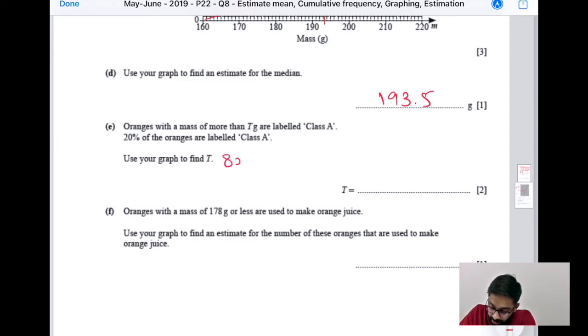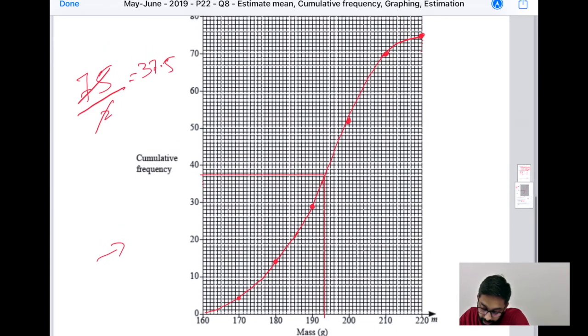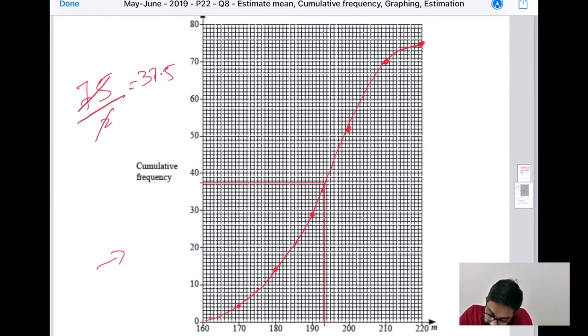So 80% of 75 gives us 80 divided by 100 times 75. It gives us 60. So any orange above the 60th point on the vertical axis will be classified as the class A orange.